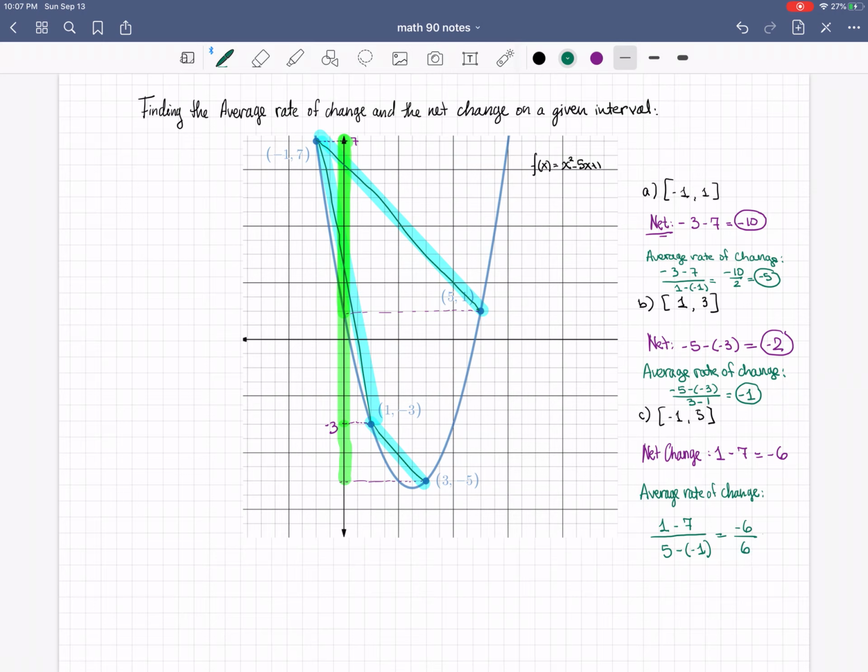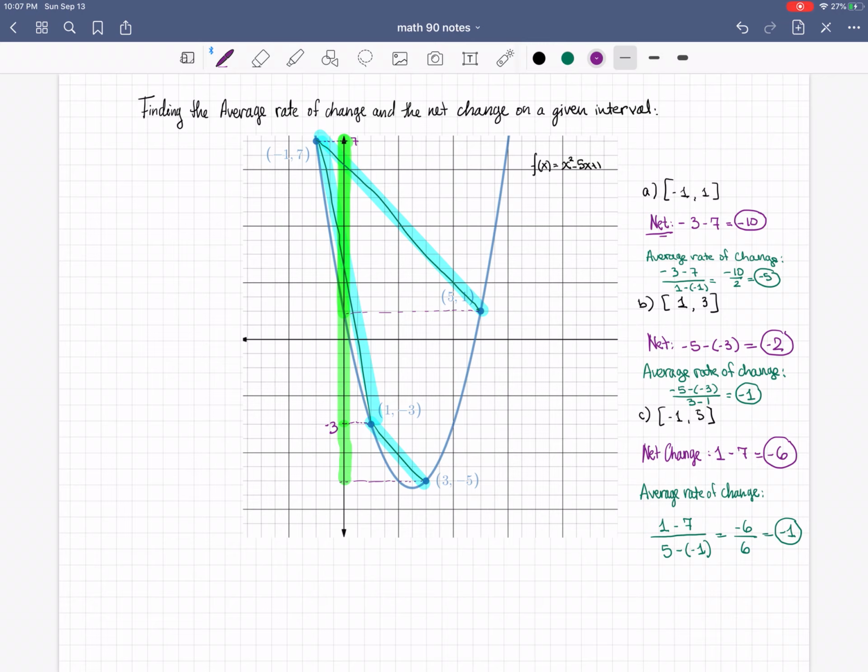So we have -6 over 6, which is -1. So we actually have the same average rate of change in example C as we did in example B, even though we have very different net changes, okay? So if the slopes of the lines connecting the beginning and the end are the same, so if those 2 lines are parallel, you will absolutely have the same average rate of change, even if your net changes were different.